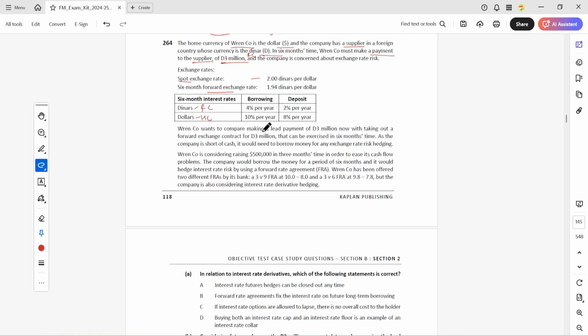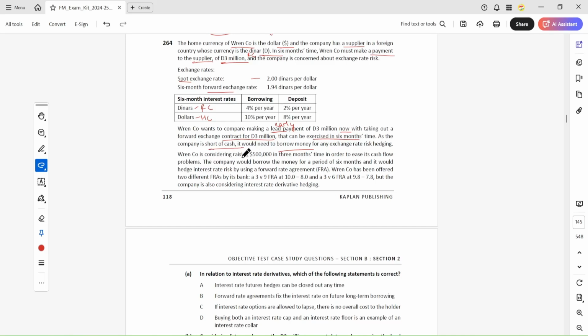The company wants to compare making a lead payment. Lead means early. Okay, early payment now versus taking out a forward exchange contract for 6 months. As the company is short of cash, it would borrow money in order to exchange this.